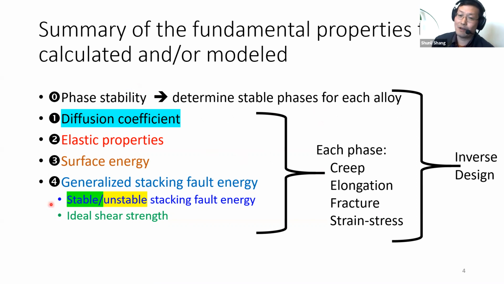And we can see from the previous slides, we have 4 major properties: the diffusion coefficients, elastic property, surface energy, and the stable and unstable stacking fault energy, also the ideal shear stress. For each phase, we need these 4 properties. Then we can predict the creep, elongation, fracture toughness, and the strain stress curve. And all these properties will be given to West's group for the inverse design.